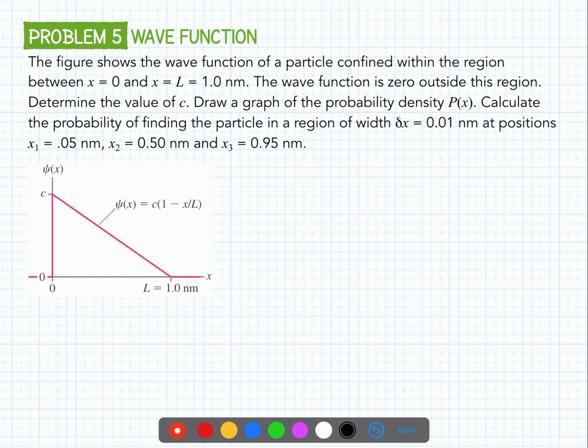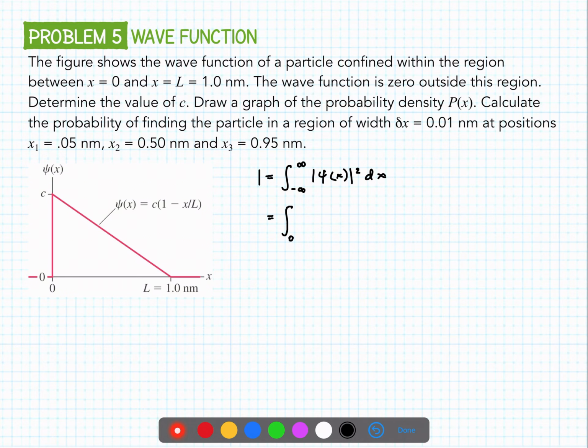To normalize a wave function, we know that 1 is equal to the integral from negative infinity to infinity of the wave function squared dx. So this is the normalization condition. In this case, from negative infinity to 0, you don't get anything, your integral should give you 0, so you can start at 0.